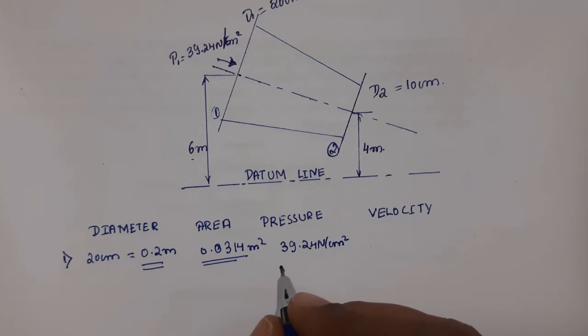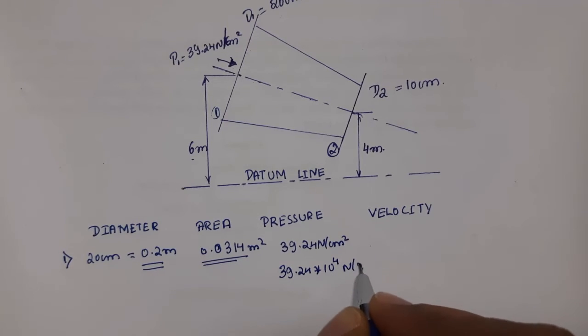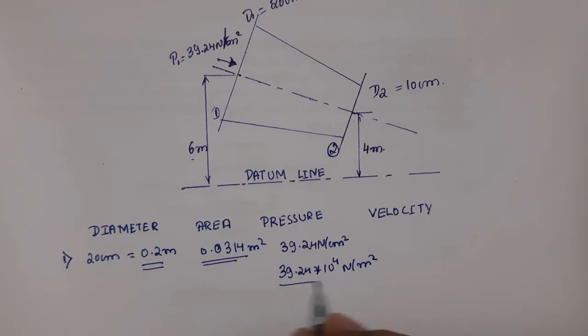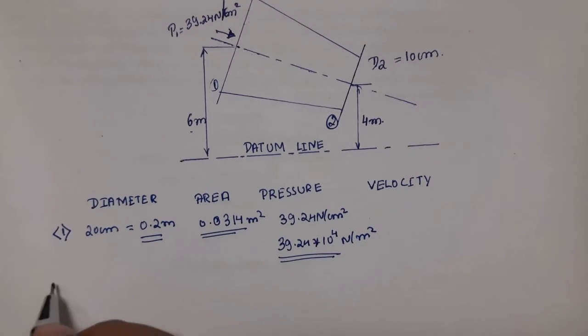Convert that into meters, it will be 39.24 into 10 to the power of 4 Newton per meter square. So all this at section 1.